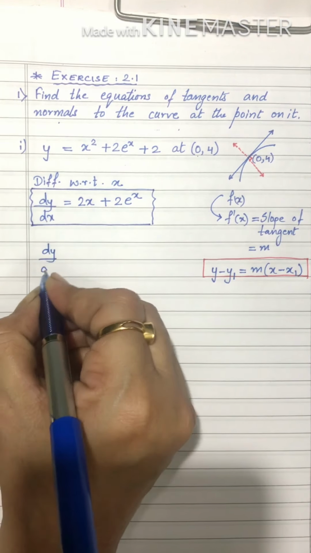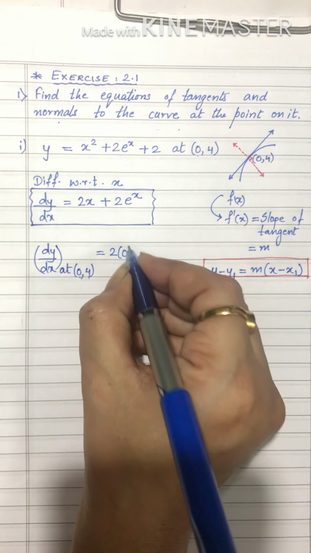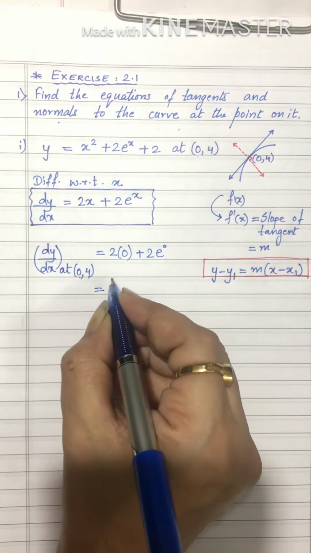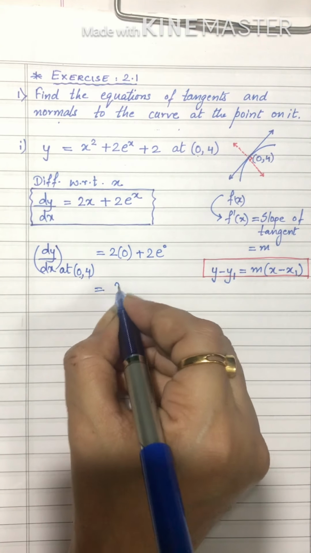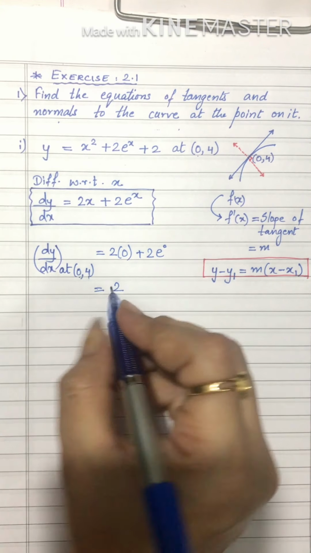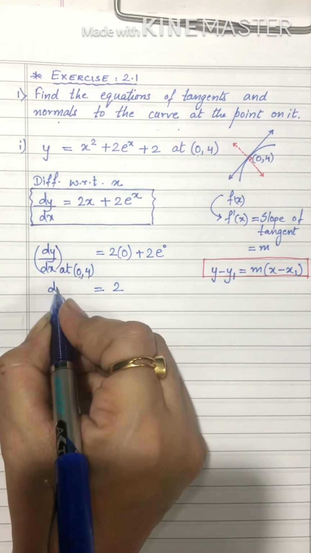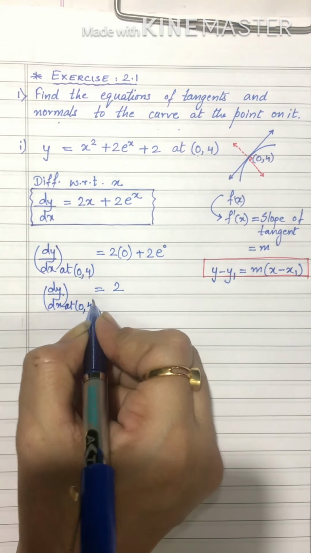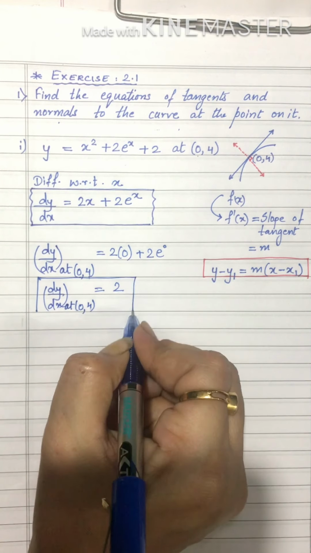What we need to do? We need to substitute x as 0 and y as 4. Now in this equation we don't have y, so we'll substitute x value as 0. Here we get 2 as the slope. So I write it again, dy by dx at 0, 4 is 2.